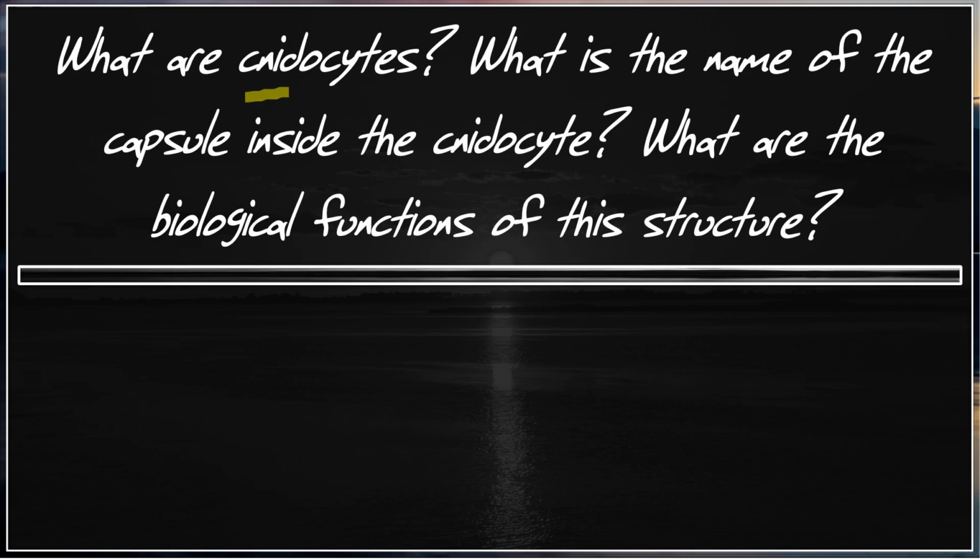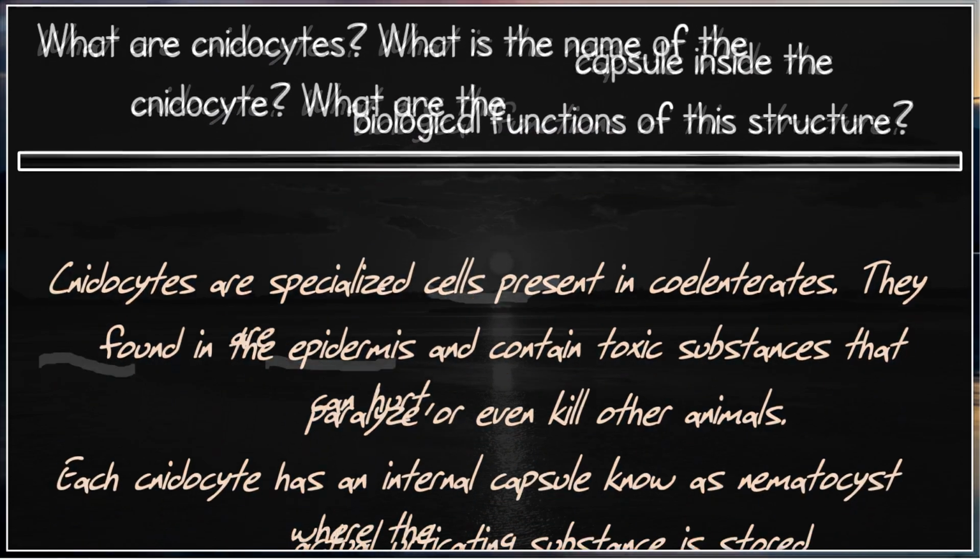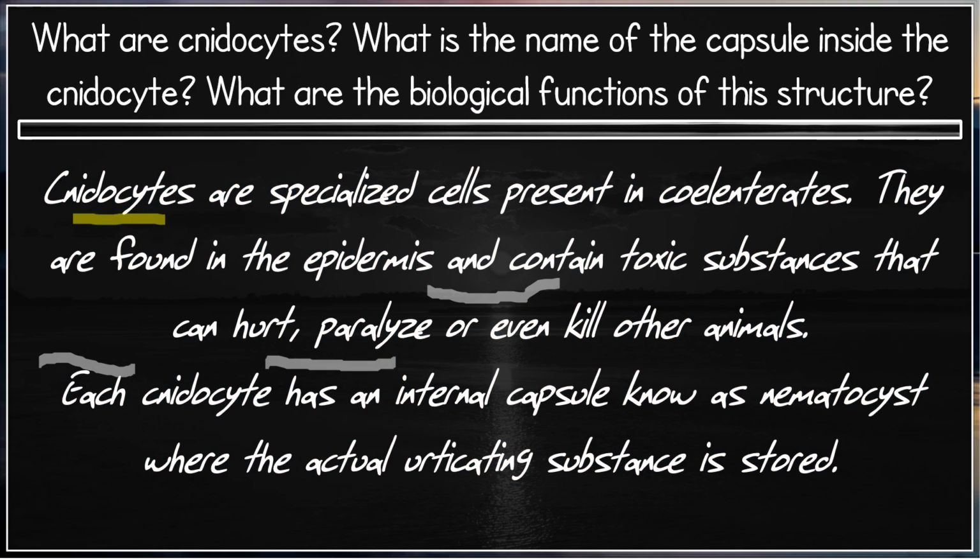What are cnidocytes? What is the name of the capsule inside the cnidocytes? What are the biological functions of this structure? Cnidocytes are specialized cells present in coelenterates.